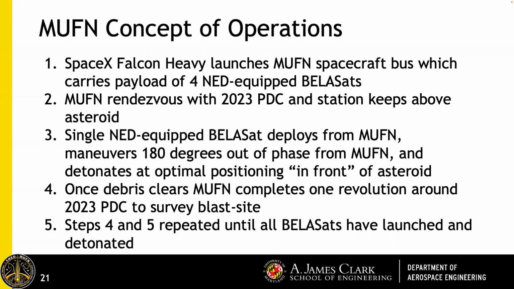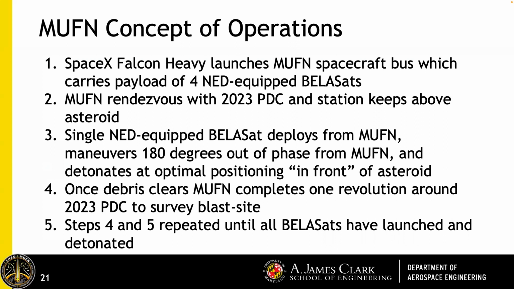Once MUFN reaches the asteroid, it'll station keep a distance away from the asteroid, and then it will release a single NED-equipped balesat, so basically a single nuclear device, which will detonate in front of the asteroid. In front being relative, that just means 180 degrees away from where MUFN is.